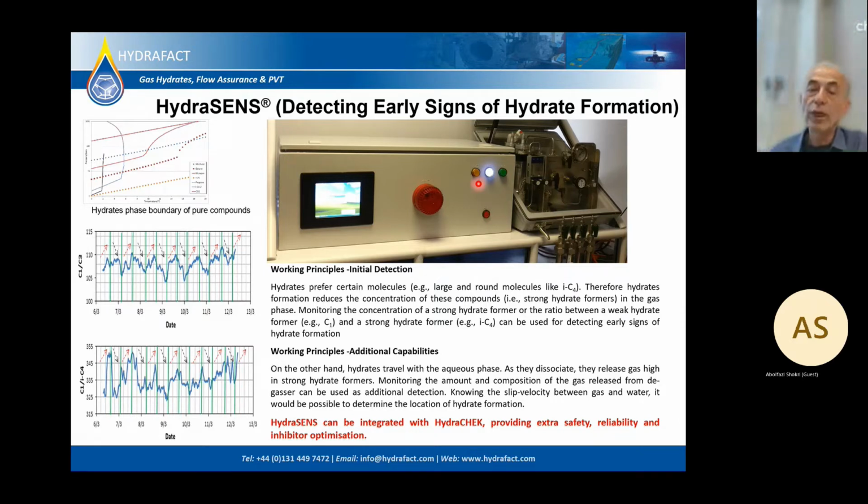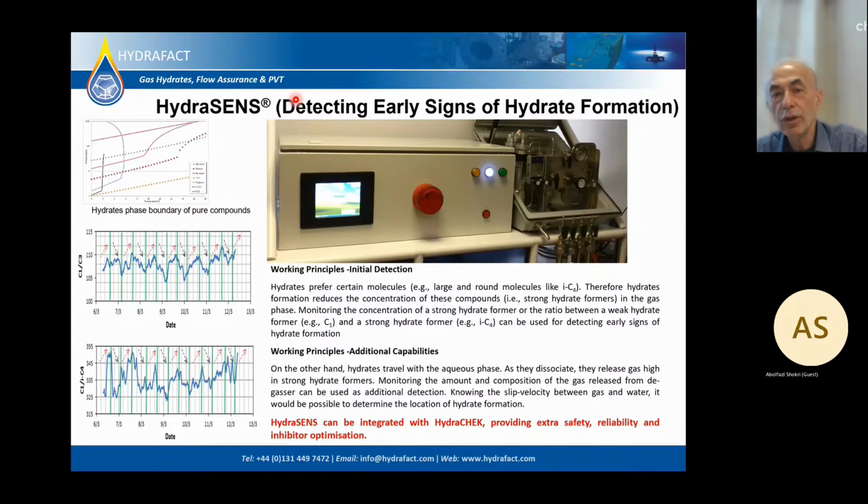And also, we can detect where hydrate is formed. You might say, how? Because there is a slip velocity difference between the gas phase and the water phase. Hydrate density is very close to water density, so hydrate will come with the water phase. Imagine the velocity of the gas phase is 15 meters per second.